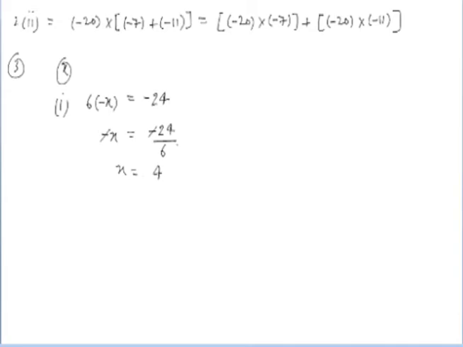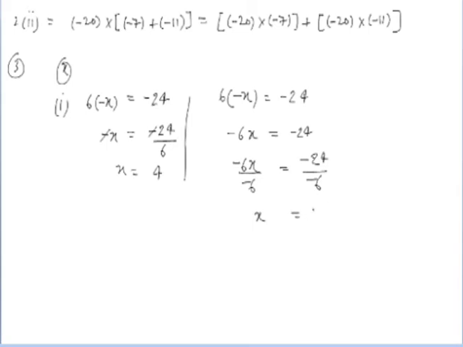So this is one method, and the other method is 6 minus x is equal to minus 24. Solve this. So this will be minus 6x and minus 24. Then divide by minus 6 on both sides. Minus 6x upon minus 6 is equal to minus 24 upon minus 6. So this will become x and this will become 4.